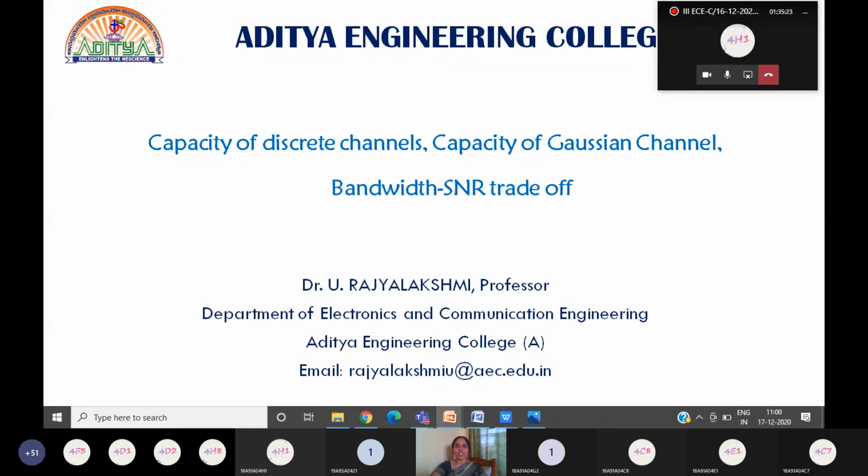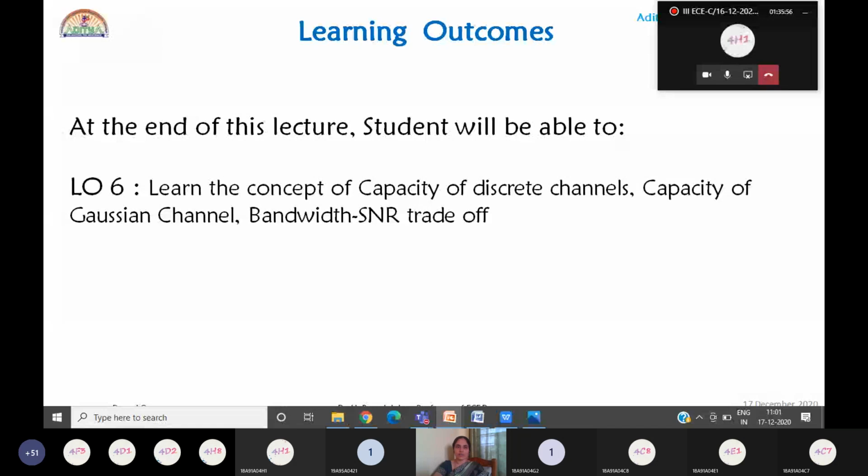What is mutual information? Any one of you, what is mutual information? Any one of the students, please tell me. So in this module, we'll discuss the capacity of discrete channels, the capacity of the Gaussian channel, and the bandwidth SNR trade-off, whose equation we have seen in the earlier slide.